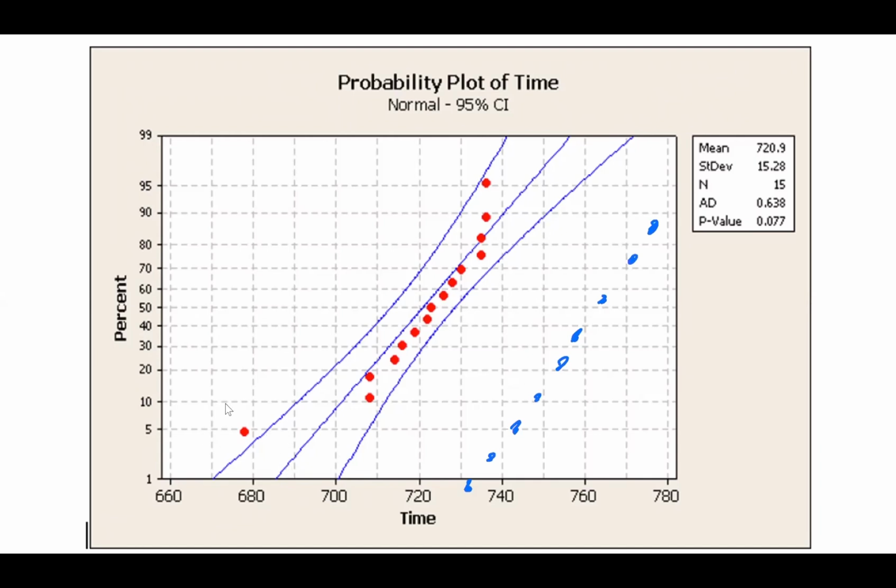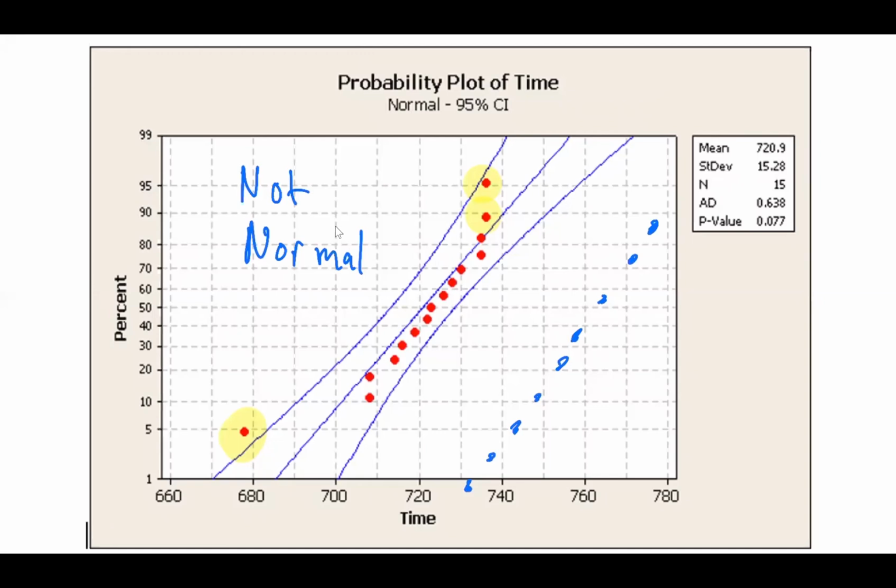If we look at this example right here, all of the dots look like a straight line, except for this dot over here, and if you look at these two dots over here. Since we have some type of breakage, where the normality plot doesn't look like a linear line, this normality plot is telling us that this data set is not normal.